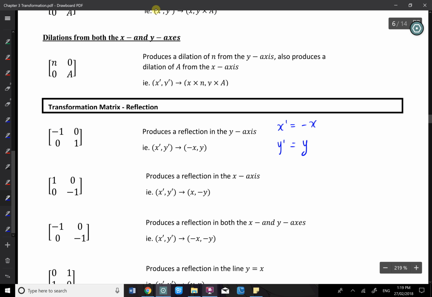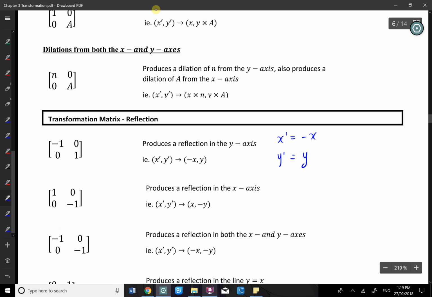Therefore, the matrix will have negative 1 here and 1 here. All the transformation matrices representing dilation or reflection will be 2 times 2 matrices. So this spot will be the x spot, and this spot will be the y spot.